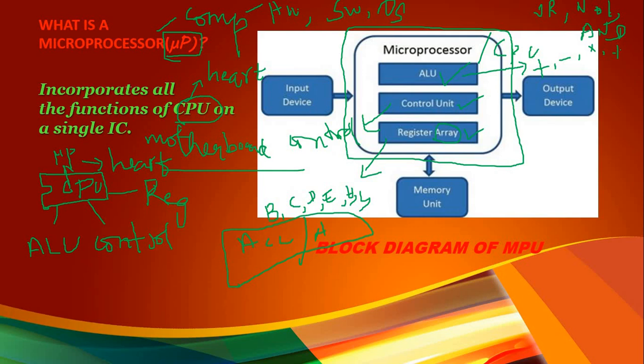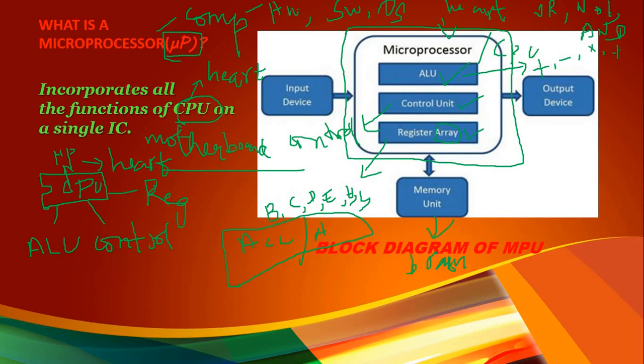Next one is the memory unit. The whole CPU unit is called the heart of a computer system, whereas the memory unit is called the brain of the computer system. For human beings, we have a brain, which insists us to do work and also stores information.